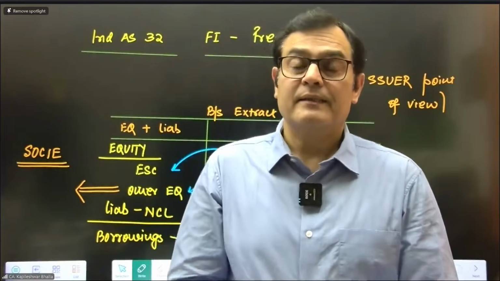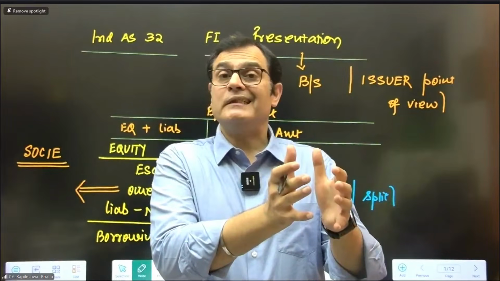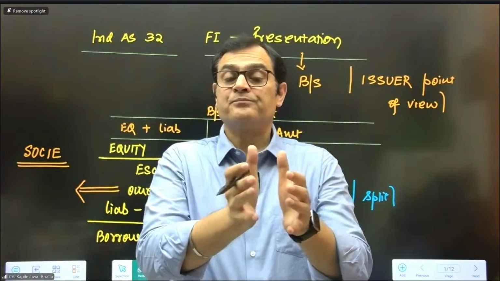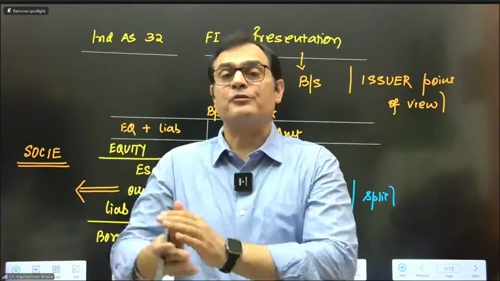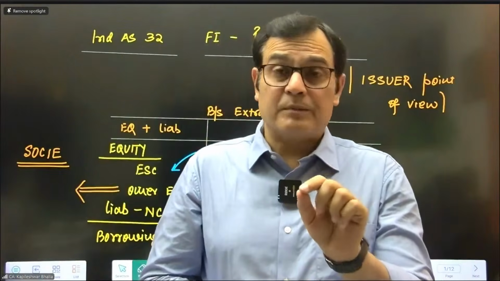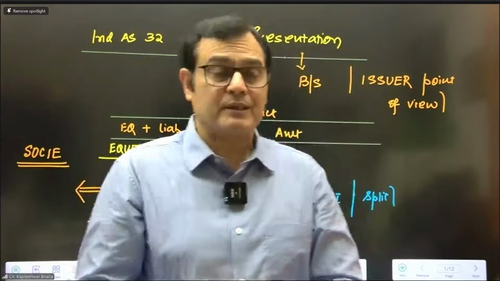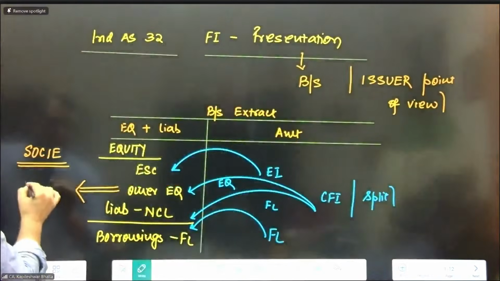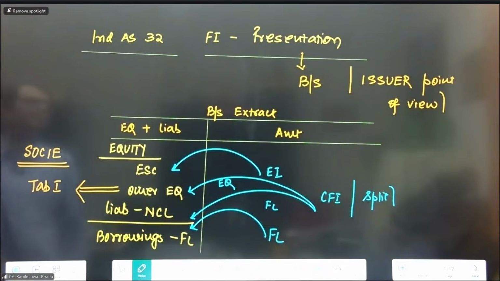I always tell that it is divided in terms of three tabs. Tab 1 is the equity component of CFI, tab 2 is the reserves and surplus, and tab 3 is the other comprehensive income. So this equity component of CFI appears as a part of SOCIE, that is tab number 1.